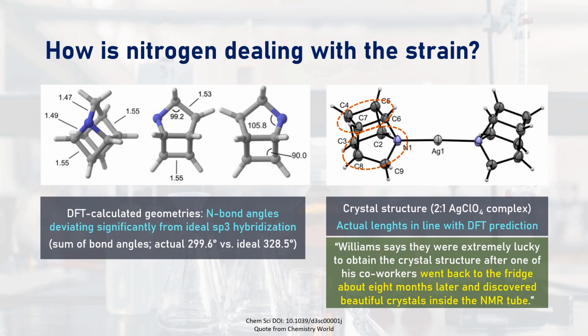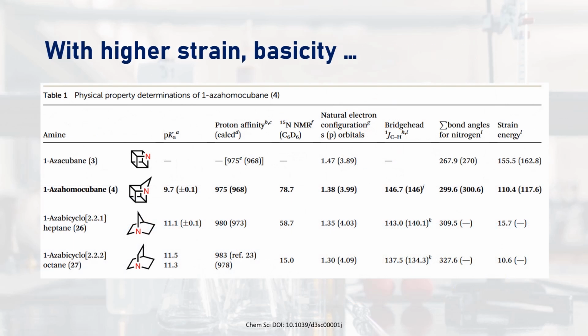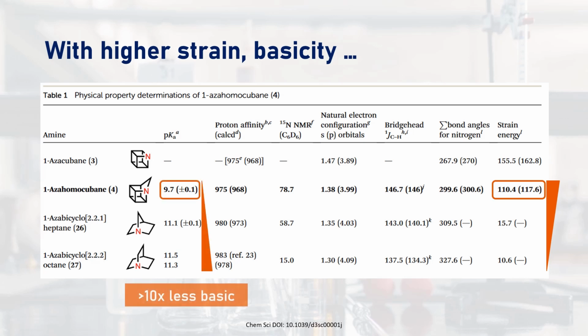What is the impact on basicity? In this table you see a comparison of strained tertiary amines. The azahomocubane nitrogen is quite unhappy, with strain energy being an order of magnitude higher, but this means that basicity is actually more than 10-fold lower.